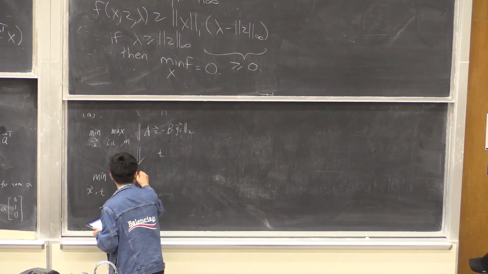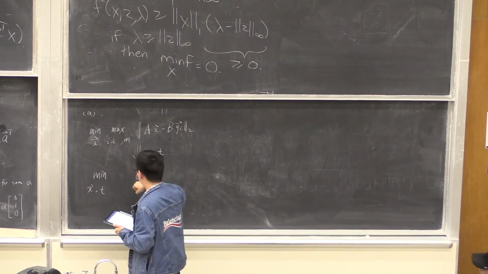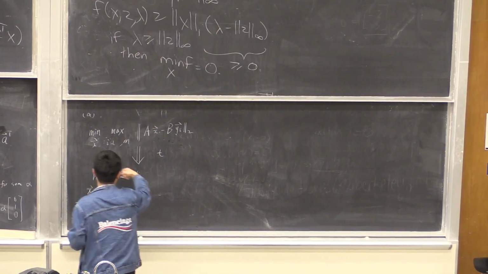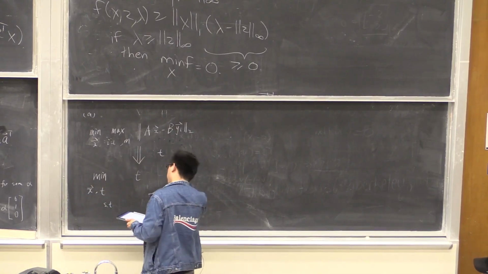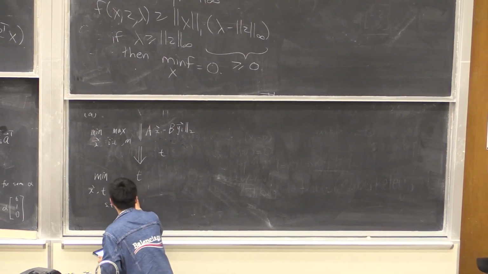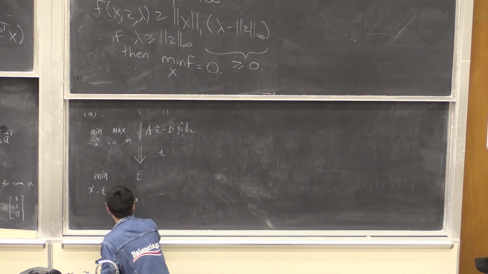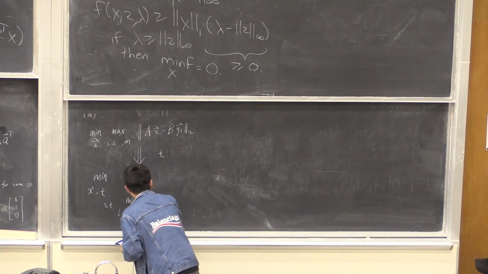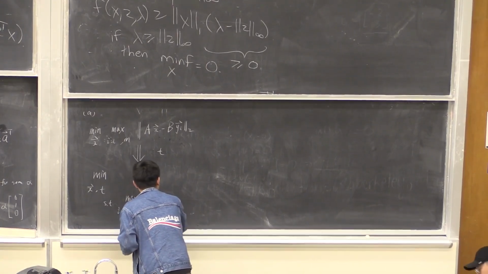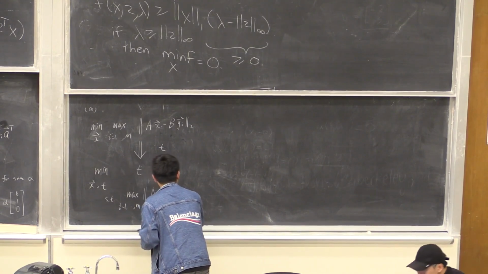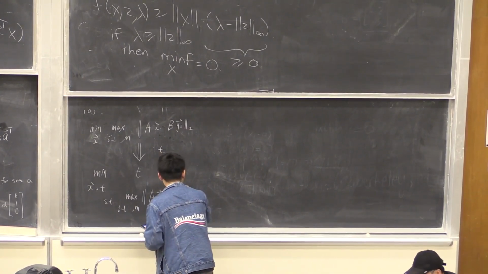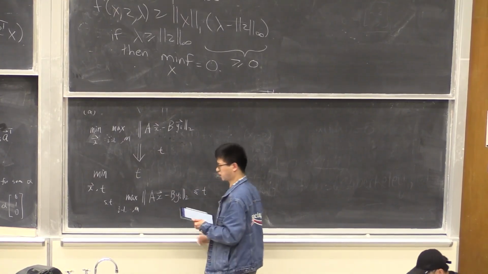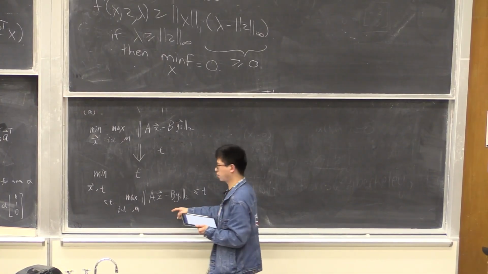The objective becomes t, and previously we didn't really have a constraint here, and now because of the epigraph reformulation, we have a constraint: max over i from 1 to m of the norm of Ax minus b y_i is smaller than t. This is closer to an SOCP constraint, but not quite.